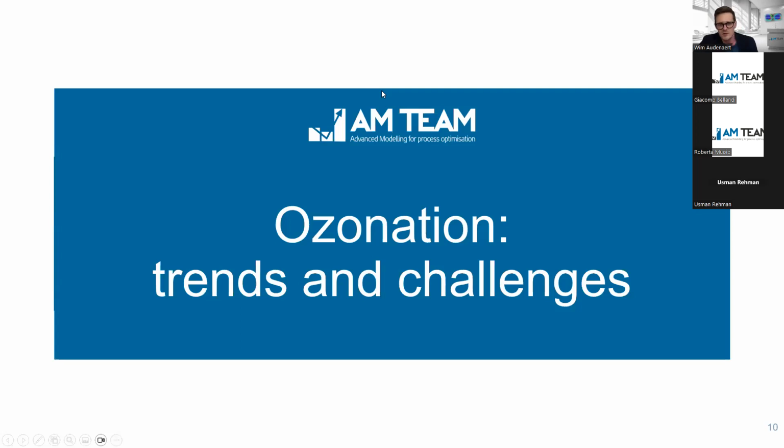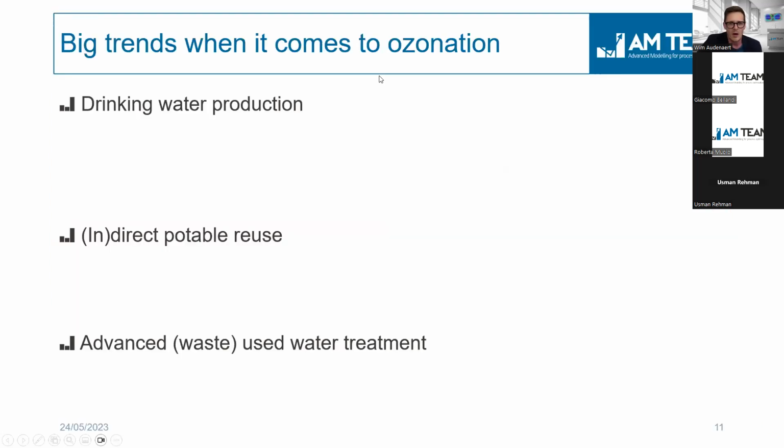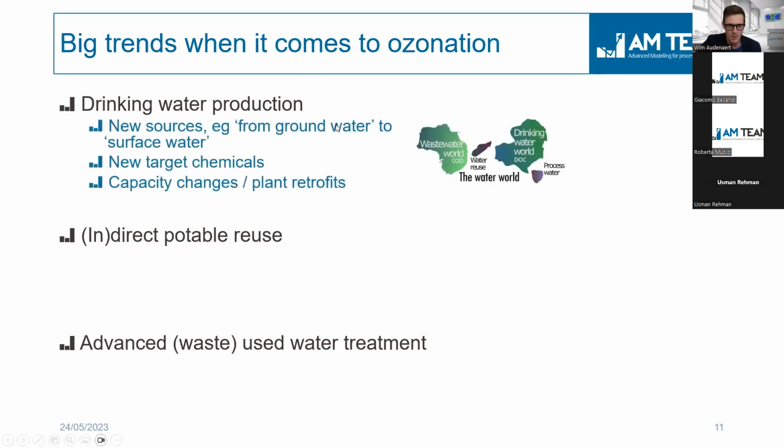Good, this brings us to the trends and the challenges when it comes to ozonation. What are the very big trends in the water industry? Well, we have split them up into these three very big areas. We know there is also process water, like industrial water, but let's limit it to those three. So let's start with drinking water production. Well, there are new sources being used.